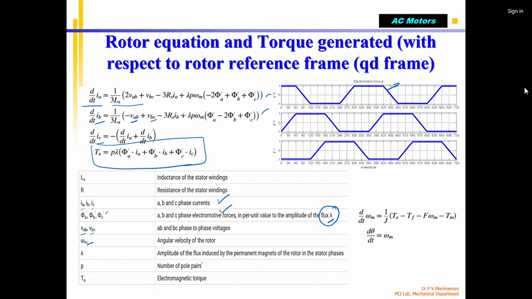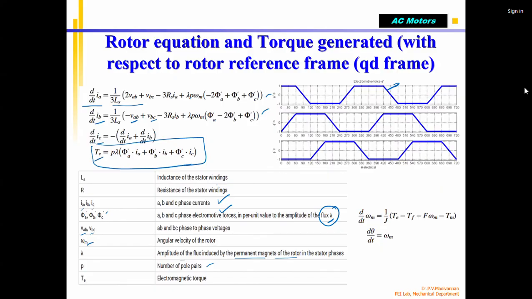Lambda is the amplitude of magnetic flux generated by the permanent magnet of the rotor in the stator field. P is the pole pair. T is the electromagnetic torque. So if the trapezoidal voltage is applied and the back EMF generated is also trapezoidal, because the coils are concentrated winding, then the torque equation varies slightly. Note down this torque equation.